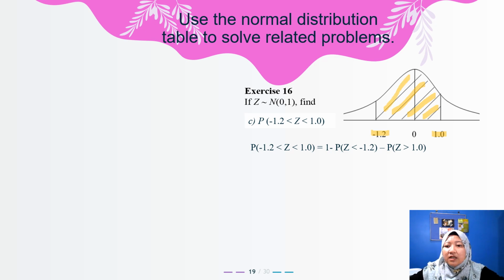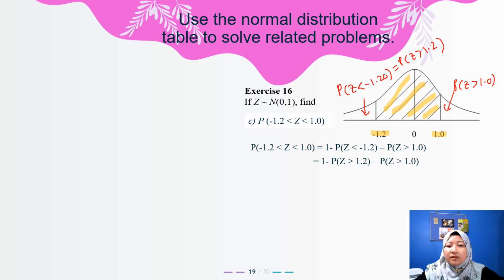So kawasan ini adalah probability Z greater than 1.0. Okay, kawasan ni adalah probability Z less than negative 1.2. Dan kita tahu yang ini adalah sama dengan probability Z greater than 1.2.